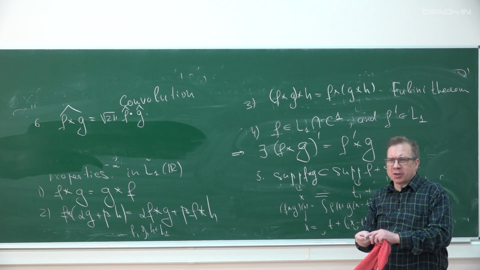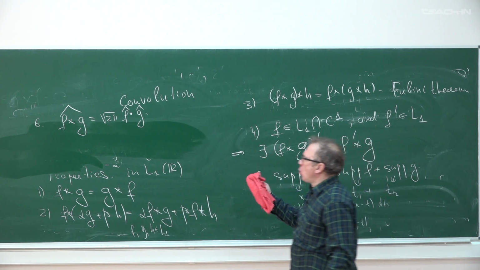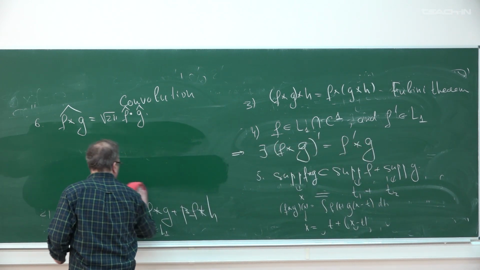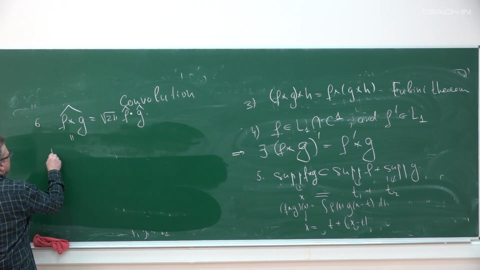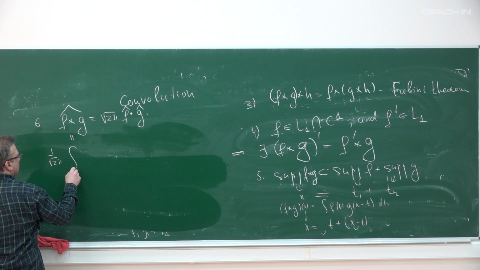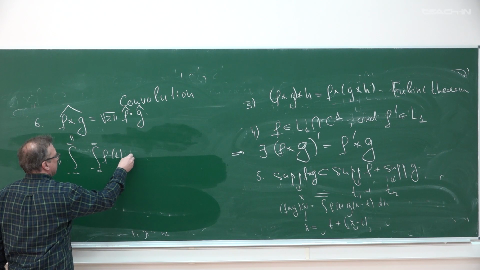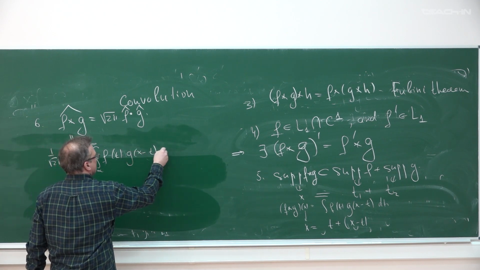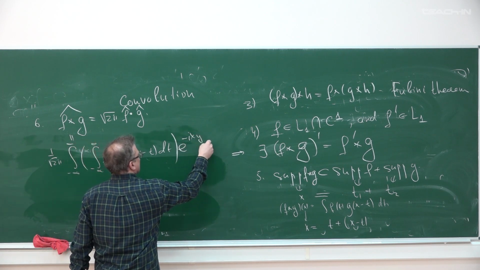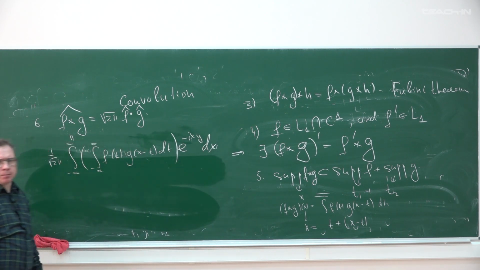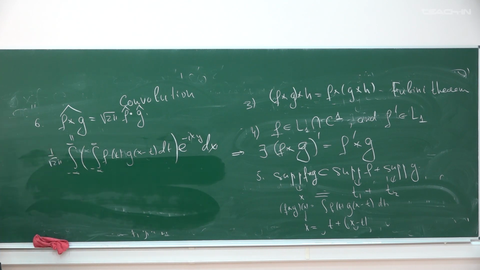But the Fourier transform is integration, yet humanity has a lot of tables of Fourier transforms. Why is it so? This is the convolution, and this is the Fourier transform of this convolution.